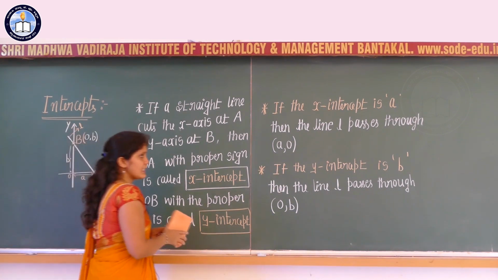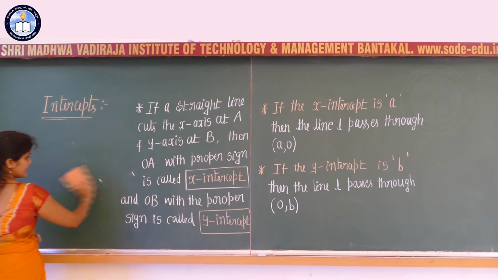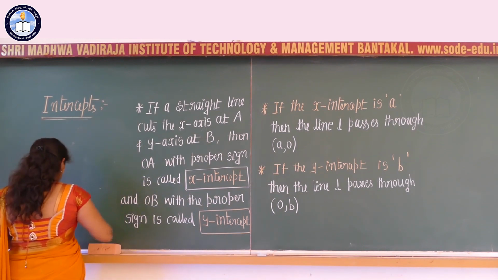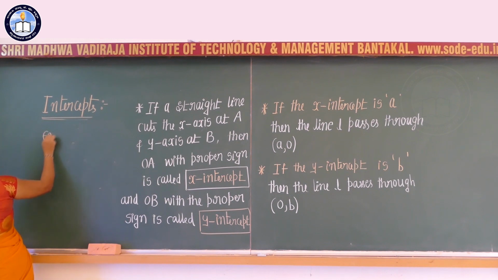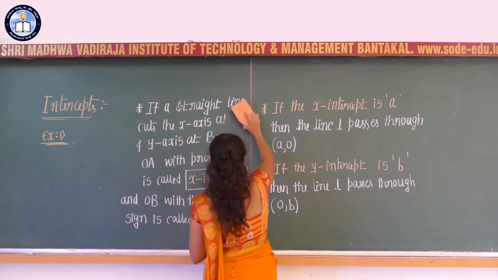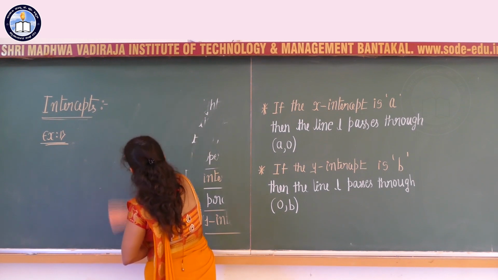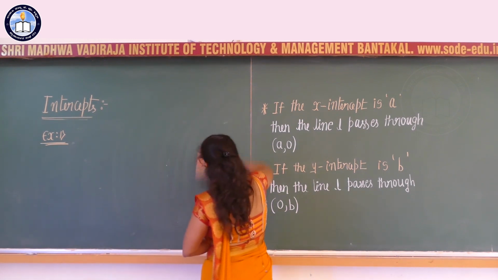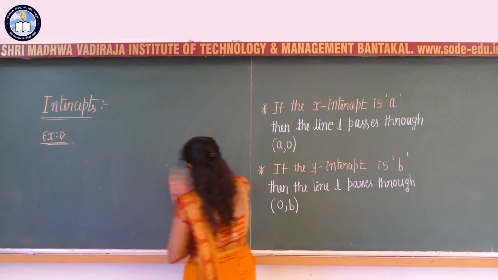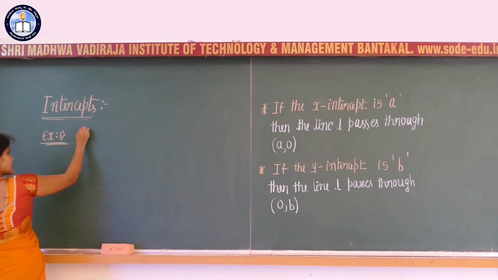So, let me consider one or two examples for this, that is, the x-intercept and y-intercept. Let us consider example 1, in order to understand the definition of intercept, x-intercept and y-intercept clearly.